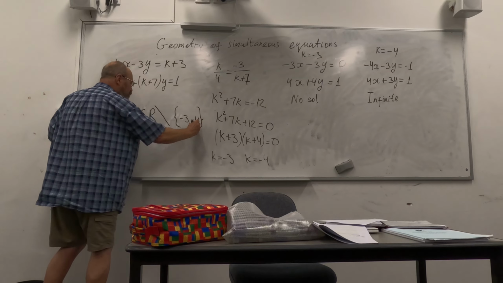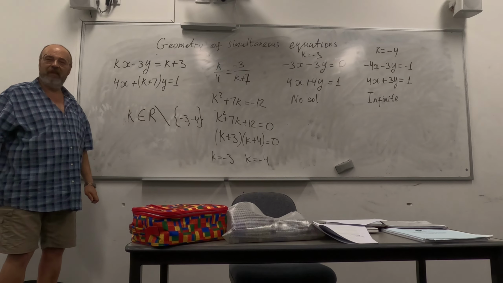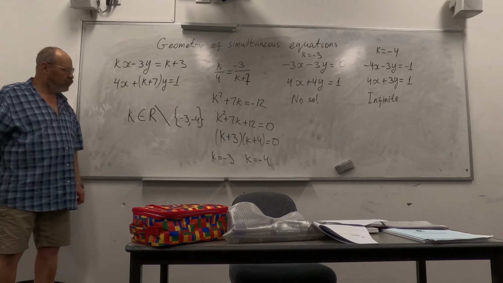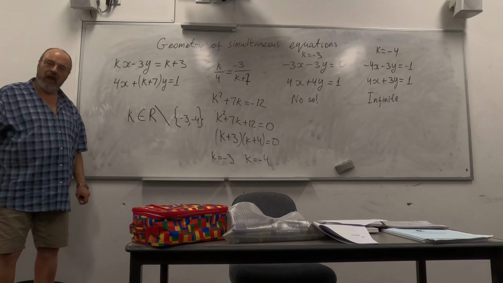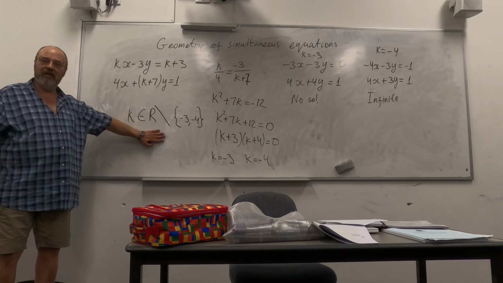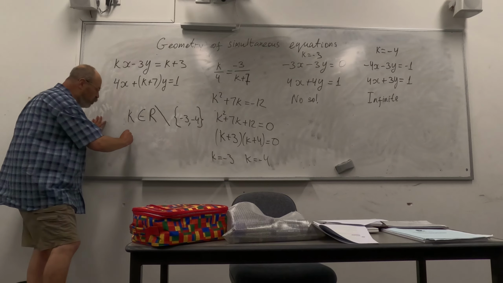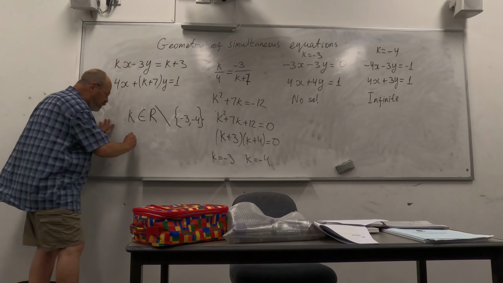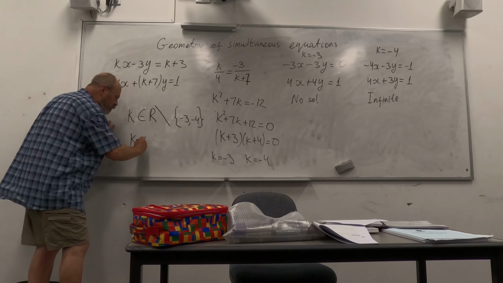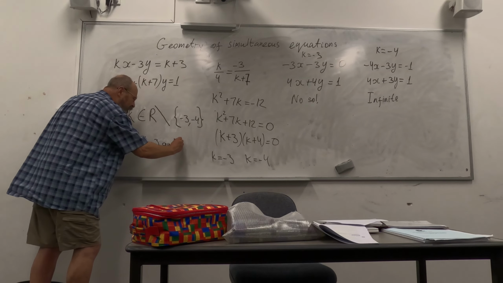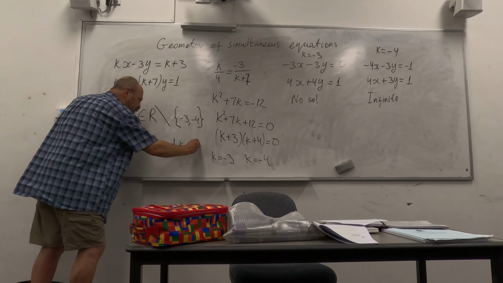You can just write that k does not equal negative 3 and k does not equal negative 4.